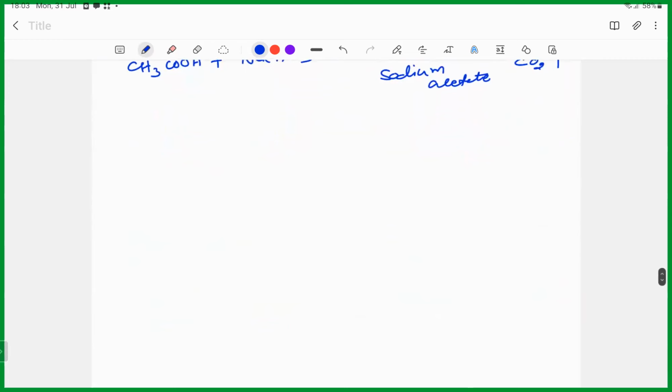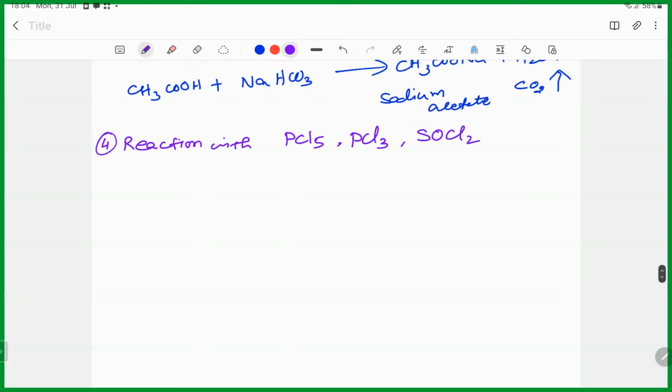Next reaction is the fourth. Reaction with phosphorus pentachloride, phosphorus trichloride, and thionyl chloride. So we will see one by one.